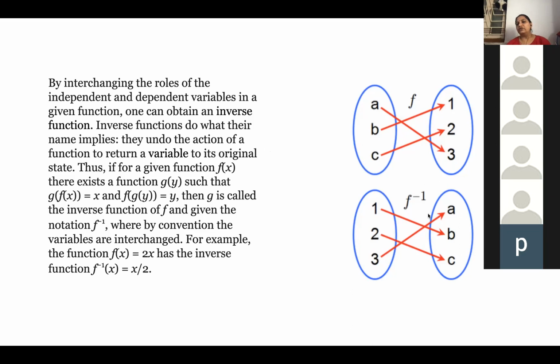What will f inverse be? 1, 2, 3 as the first set and a, b, c as the second. Here a is assigned to 3, so here 3 is assigned to a. Here b is assigned to 1, so here 1 is assigned to b. And here c is assigned to 2, here 2 is assigned to c. It is simply the inverse of the function.